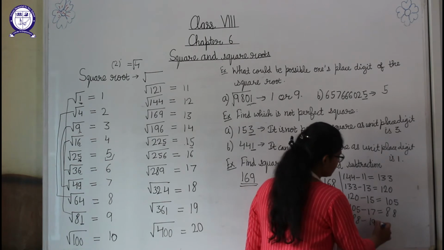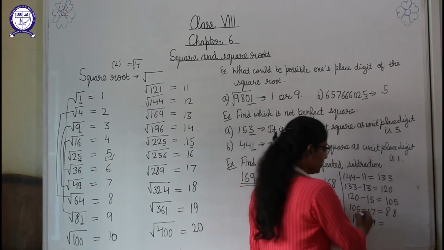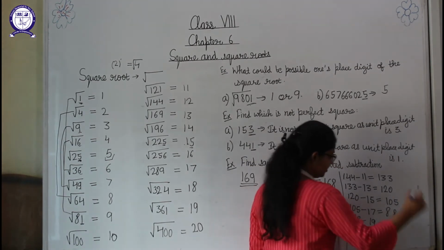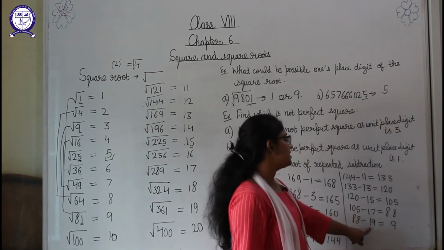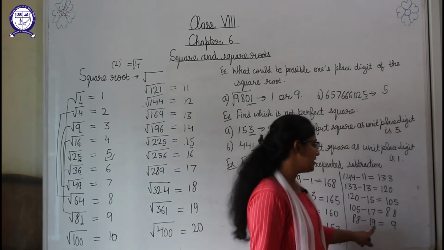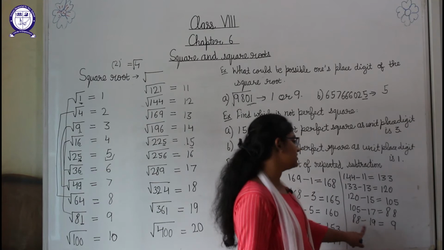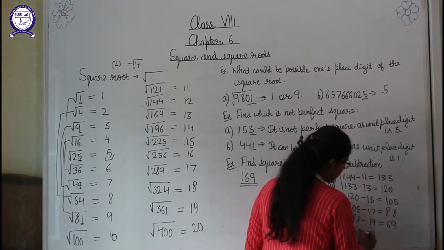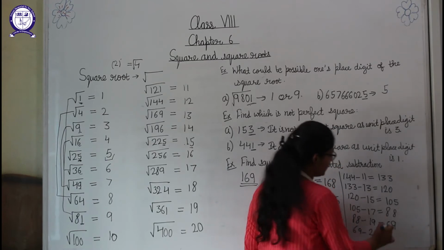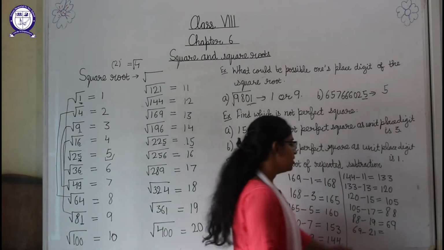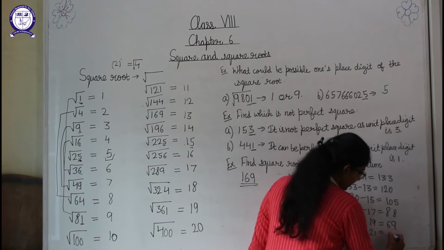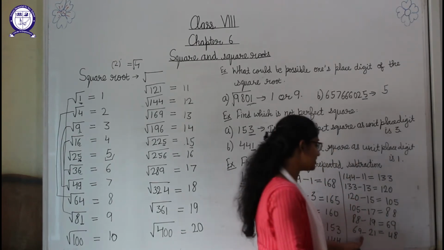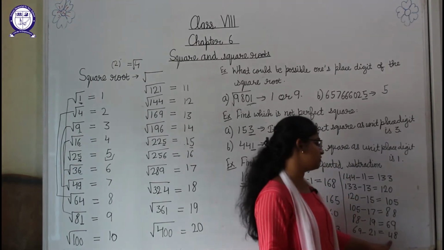So 88 minus 19 is 69. Now 69 minus 21, as after 19, 21 is the odd number, so we are getting 48.